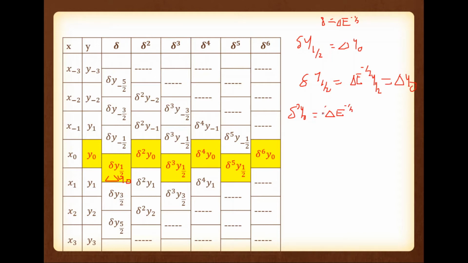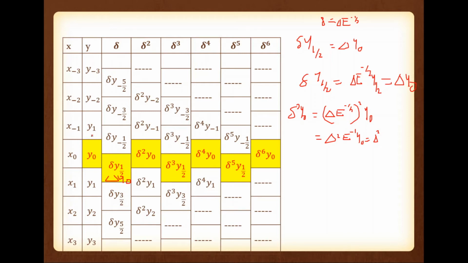So theta square is delta e raised to minus 1 by 2 square y0. So this is equal to delta square e raised to minus 1 y0. So that is equal to delta square, what is e raised to minus 1? Previous of y0. This is y0. So previous of y0 is y1, y minus 1.